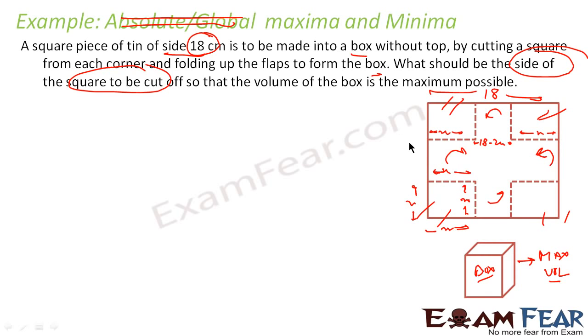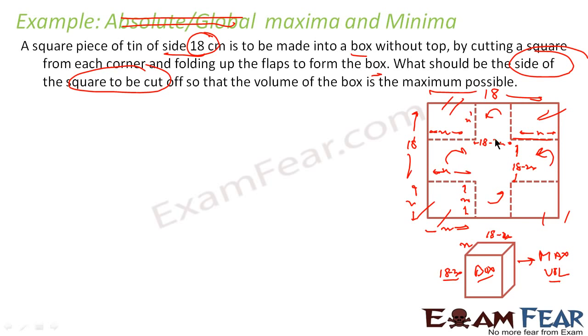Similarly, this side is also 18, this is x and this is x, so this side is also 18 minus 2x. And this is x, because we are folding it. So one side will be x, one side will be 18 minus 2x, and the other side will also be 18 minus 2x. Correct?